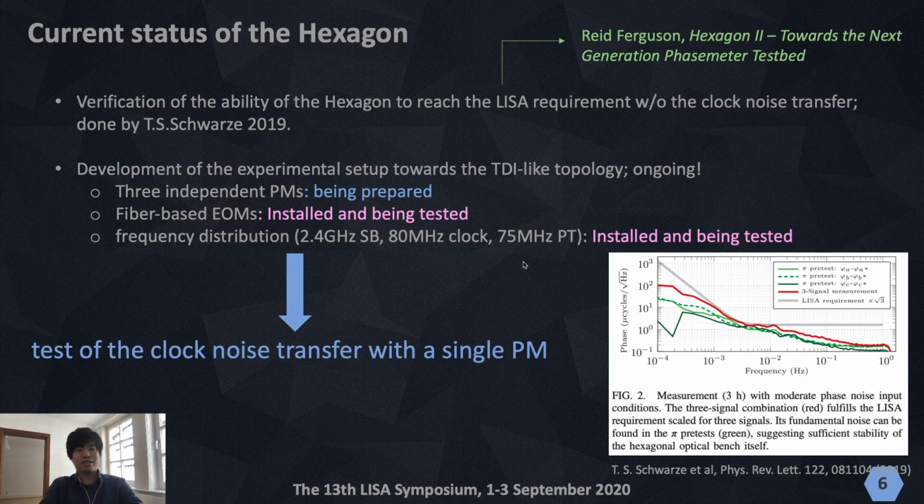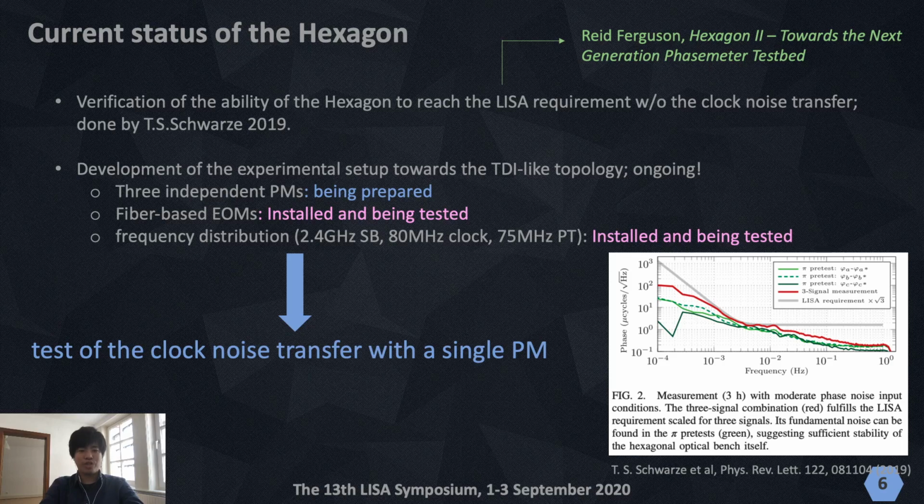The current status of the Hexagon is like this. The ability to reach the LISA requirement without the clock noise transfer has already been verified in previous research. So the next milestone is to develop the experimental setup towards the TDI-like topology with a clock noise transfer.